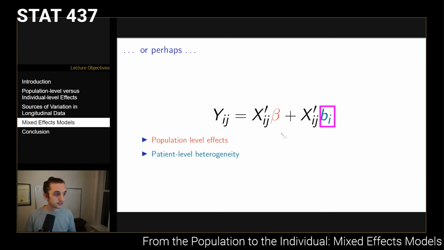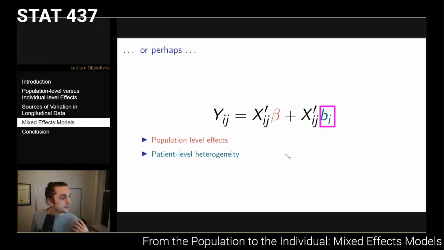So if we think about this a little bit more, you can see that we could group this beta plus b_i together, right? Then the response to any of our covariates is not going to be given by beta, it's going to be given by beta plus b_i, right? And so if someone's responding a lot better to treatment, they're going to have a b_i value corresponding to the treatment covariate as a higher positive value.